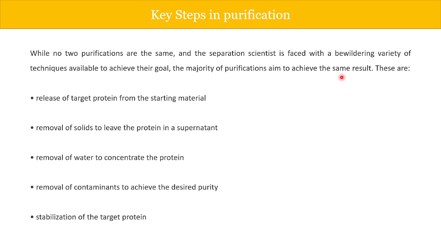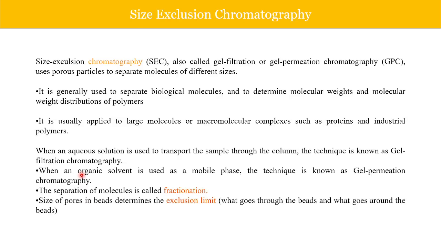We release the target protein from the starting material, after which we remove all of the solids to leave the protein in the supernatant. Then we remove the water to concentrate the protein. After the contaminants are removed to achieve the desired purity, we go for the stabilization of the target protein. These are just a few steps. You need not keep them in mind. This is just for your information.